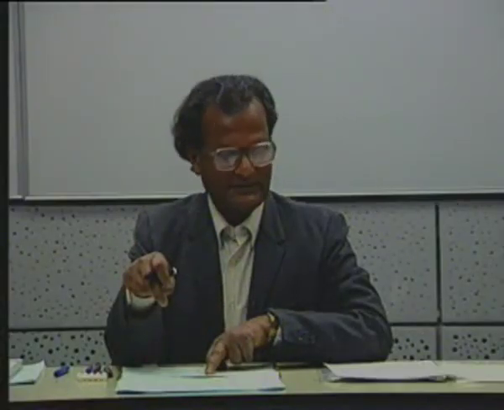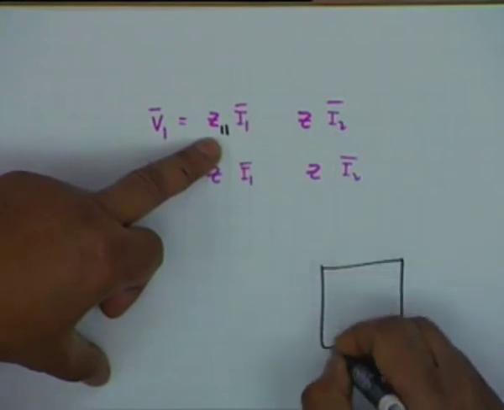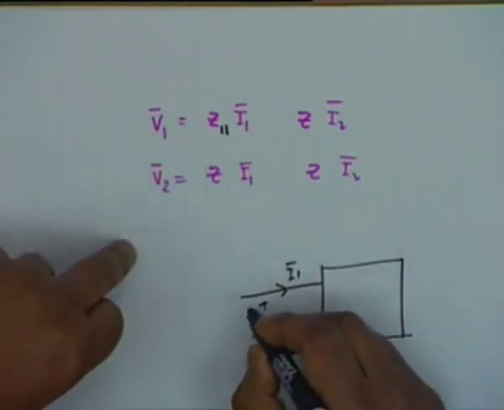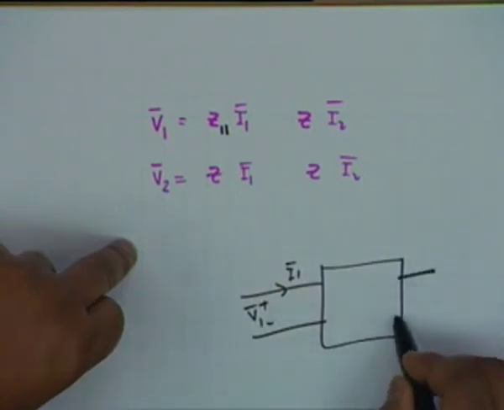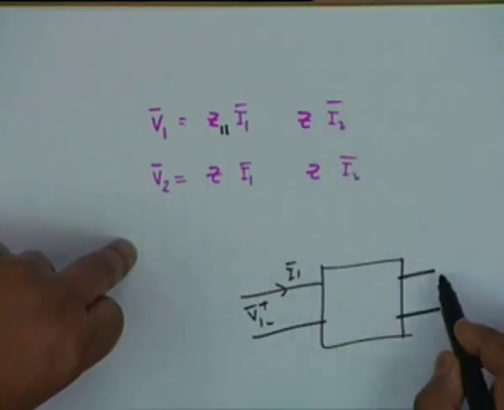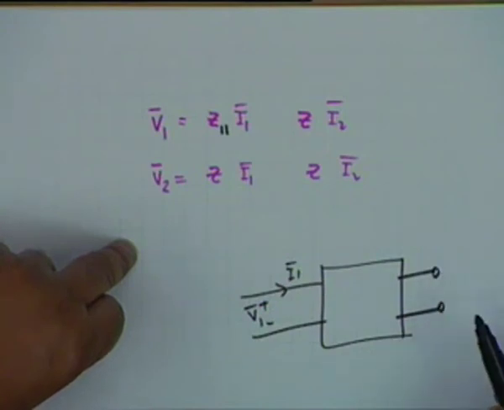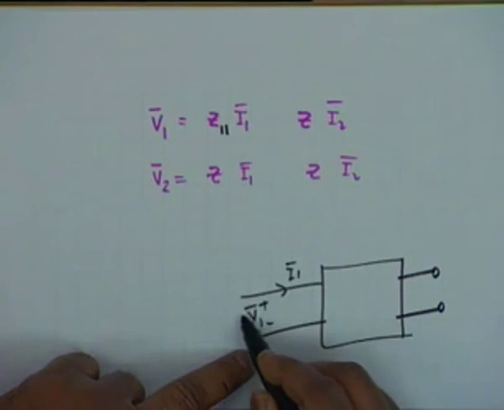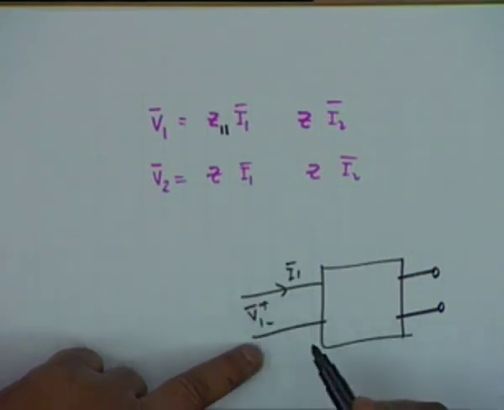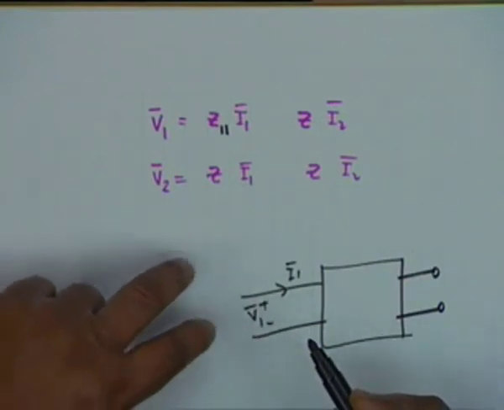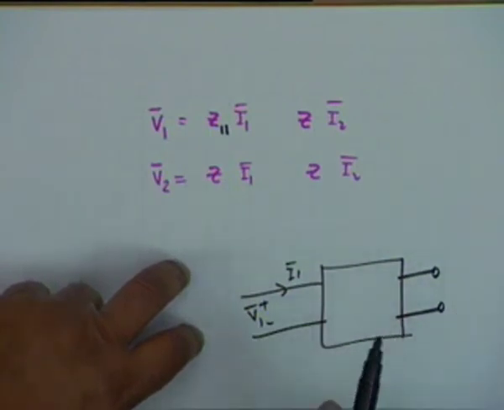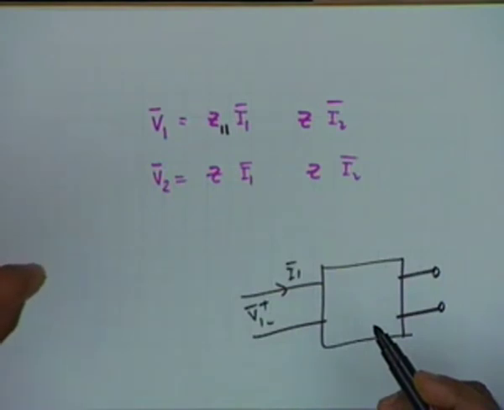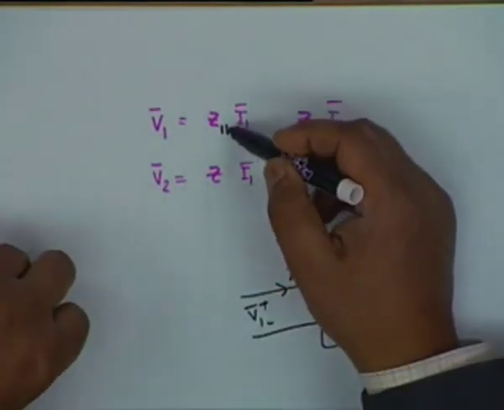If you recall, this is port 1, this is V1 and this is I1. What you are doing is you are making I2 equal to 0. I2 equal to 0 means these are left open circuit, and therefore you are applying a current source here and measuring the voltage. Isn't this a driving point impedance? Driving point impedance, and since it is measured at port 1, we call it Z11.